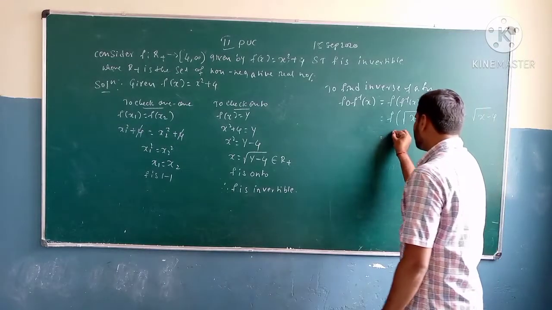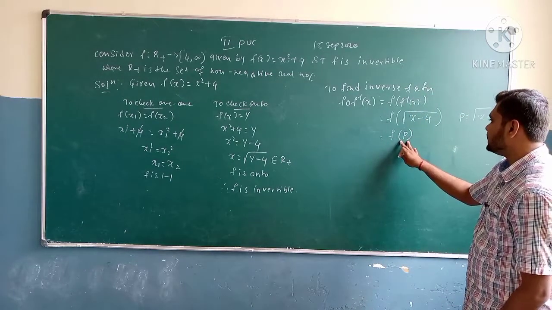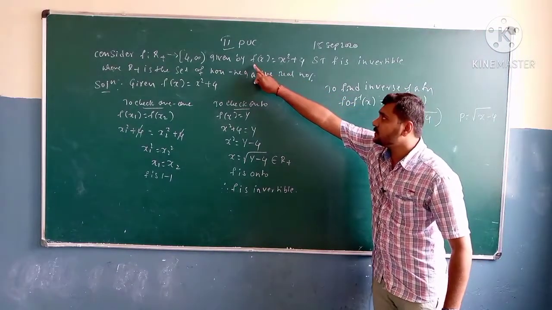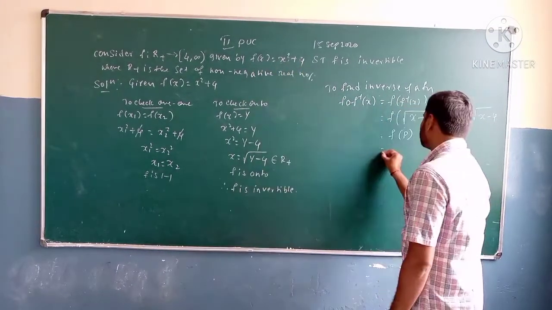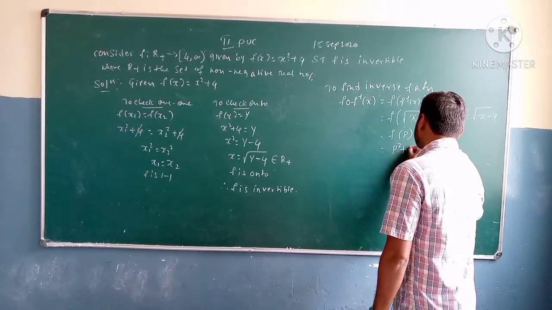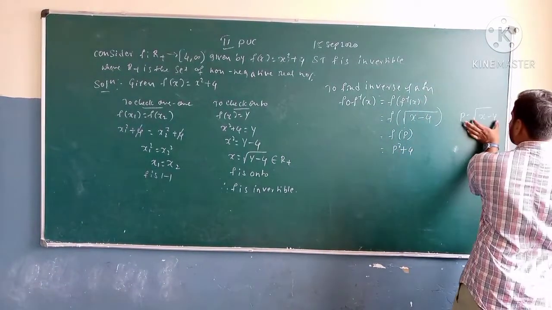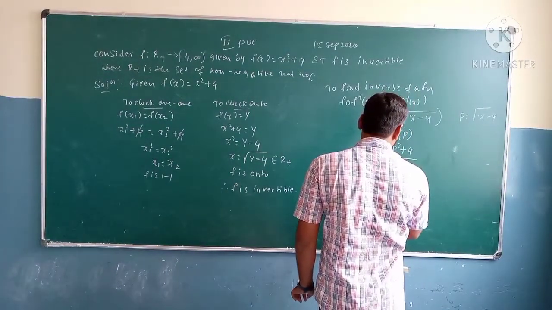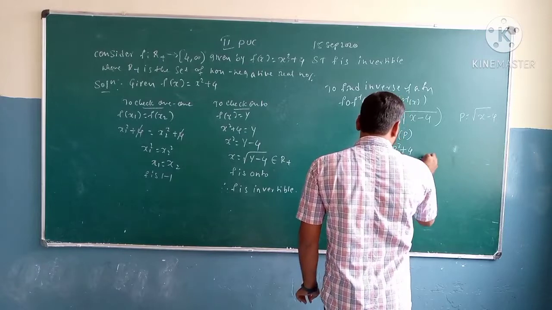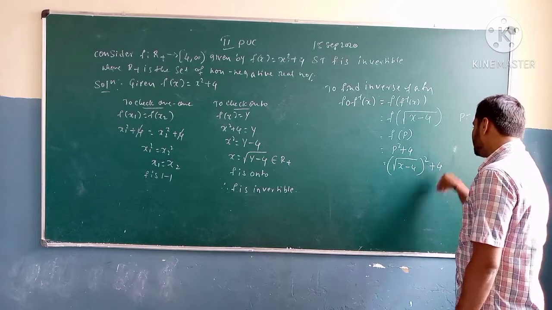So that's going to be f of p. When the given function is f of x equals x square plus 4, then f of p is going to be p square plus 4. The value of p is nothing but root of x minus 4, so within the square it's plus 4.